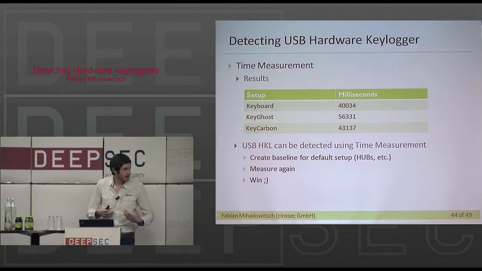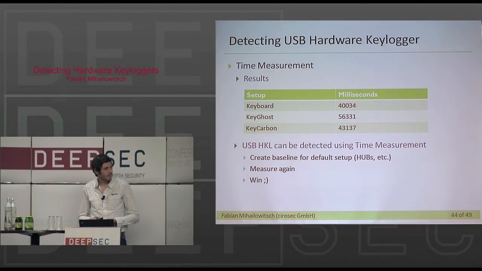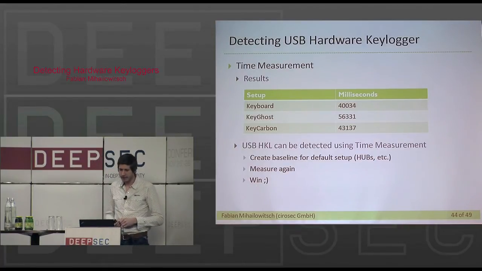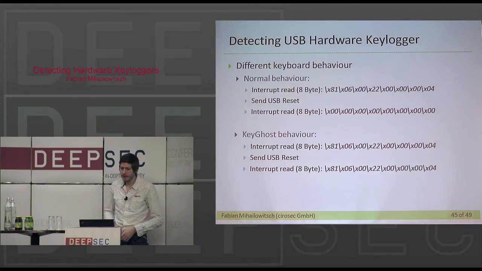The amount of time it takes is just more time. So we can detect USB-based hardware keyloggers using time measurement too. Basically, we have to create a baseline. In that, we have to consider whether we plugged in hubs and stuff, because if we would introduce hubs in our topology later on, the timing would increase too, and we would have false positives. And then we can measure again at a certain moment and detect it.